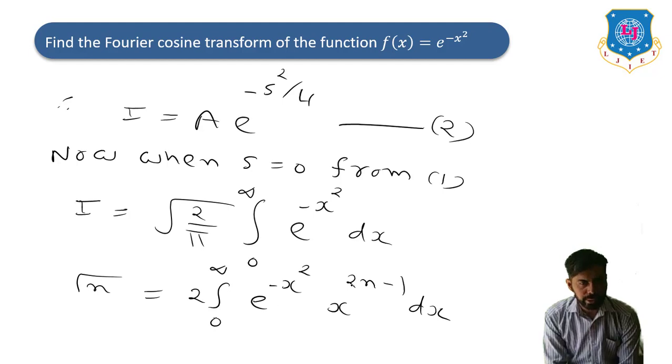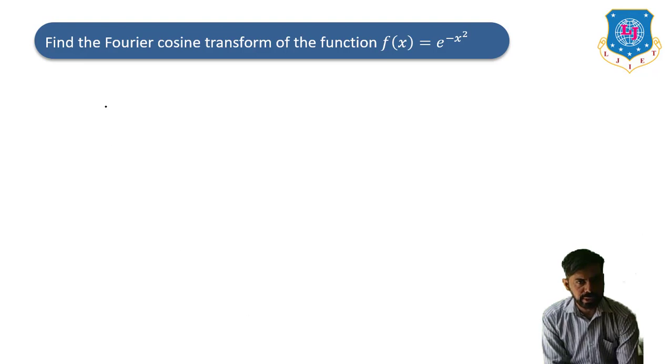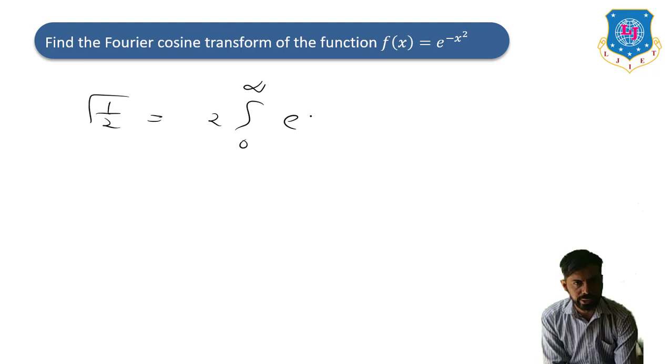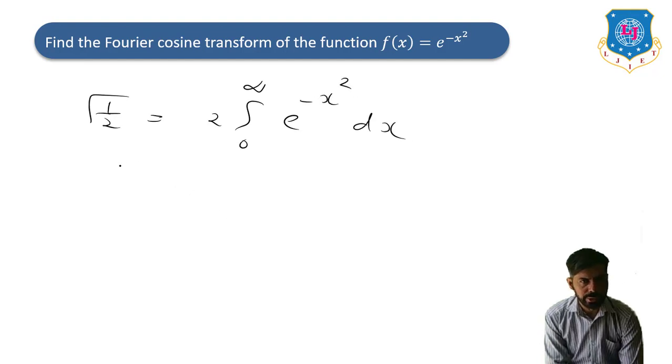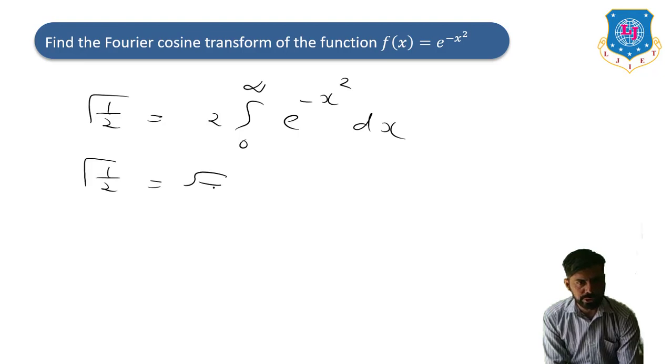Now here if we put n equal to 1 by 2 in this result, then we will get gamma 1 by 2 is equal to twice integration 0 to infinity e raised to minus x square dx. Okay, and we know that gamma of 1 by 2 is root pi.